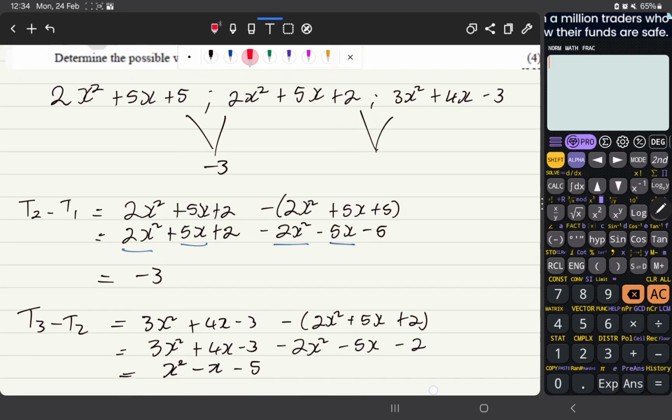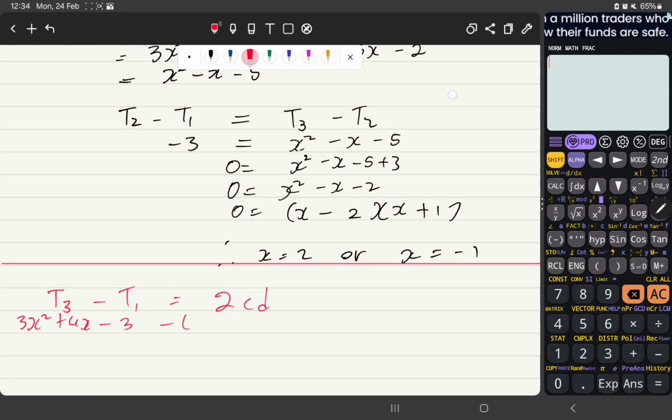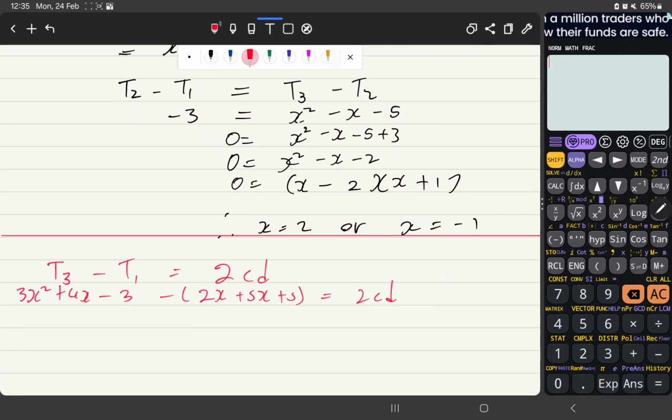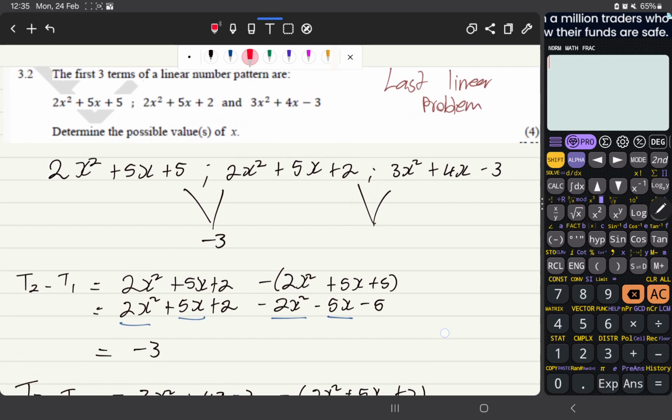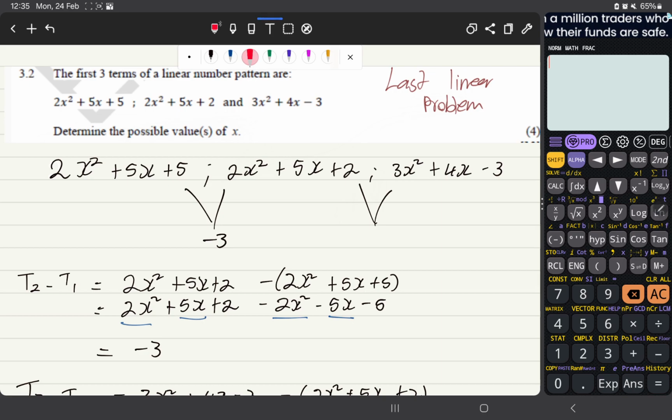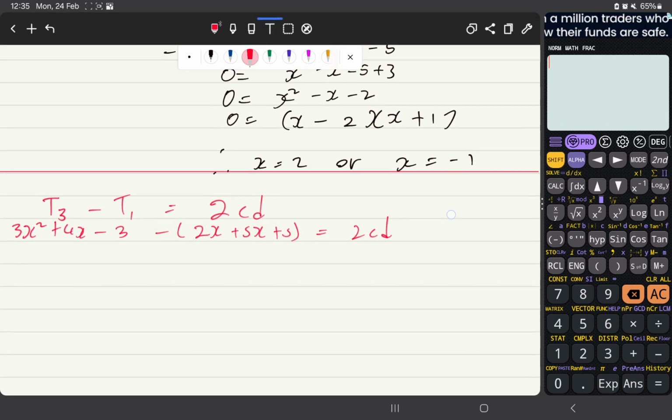Then I have a minus, and that is 2x squared plus 5x plus 5, I believe. I'll confirm that. Yes, everything is fine.